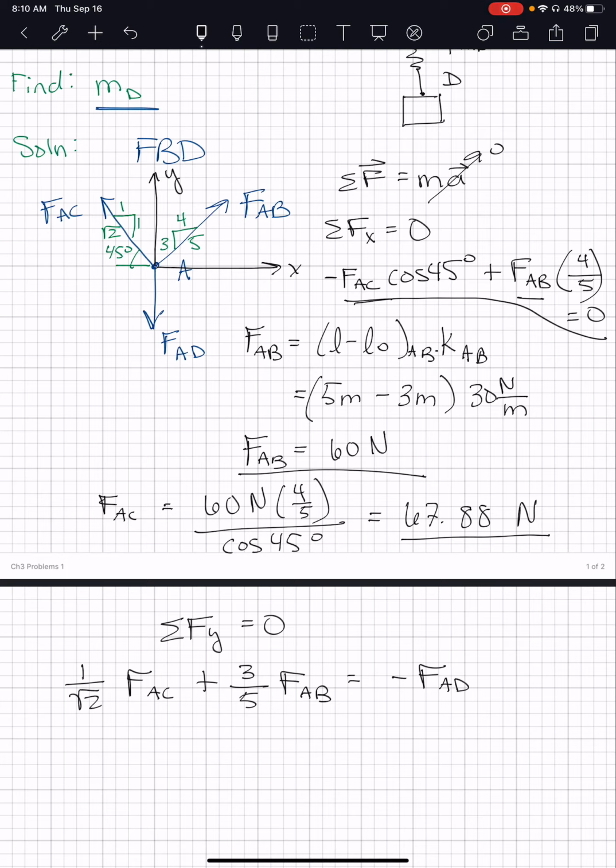So that's 1 over square root of 2 times 67.88 newtons, plus 3 over 5 times FAB, which is 60 newtons, equals negative FAD.